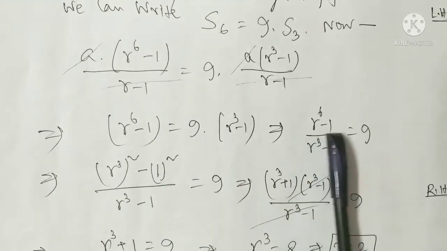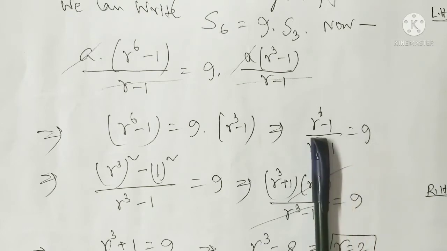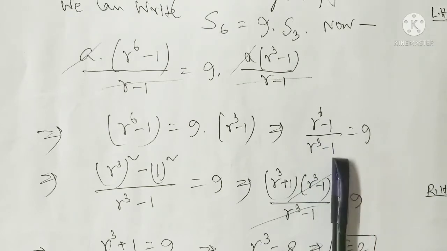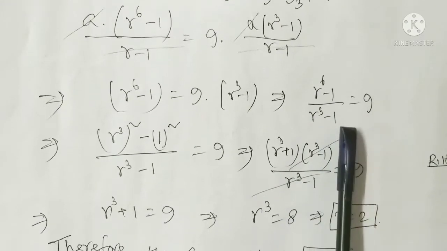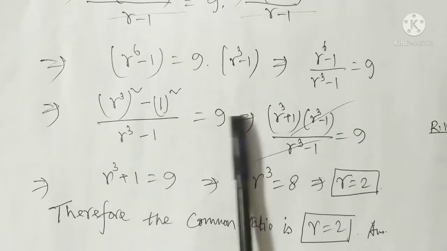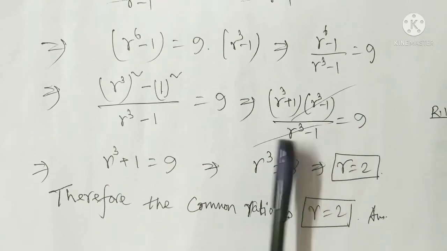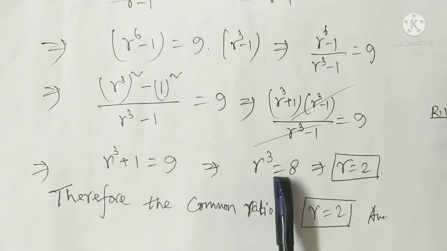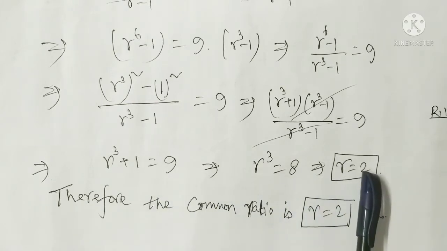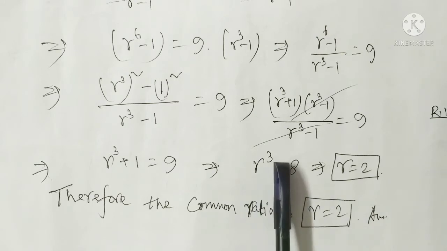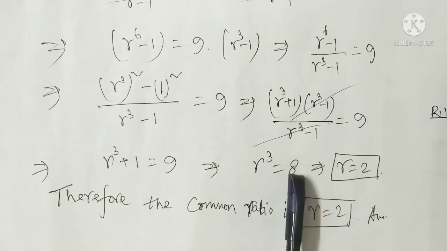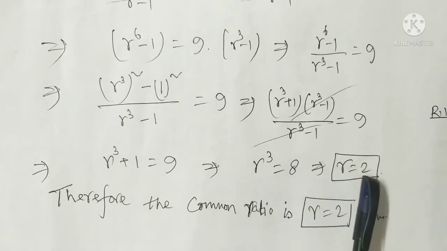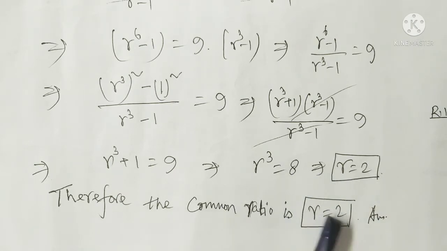From this calculation, r to the power 6 minus 1 by r cube minus 1 equals 9, and by calculation we get r cube plus 1 equals 9, so r cube equals 8, that is r equals 2. Here the power 3 is an odd number and hence 8 is positive 8, therefore r is only plus 2. Therefore the common ratio is r equals 2.